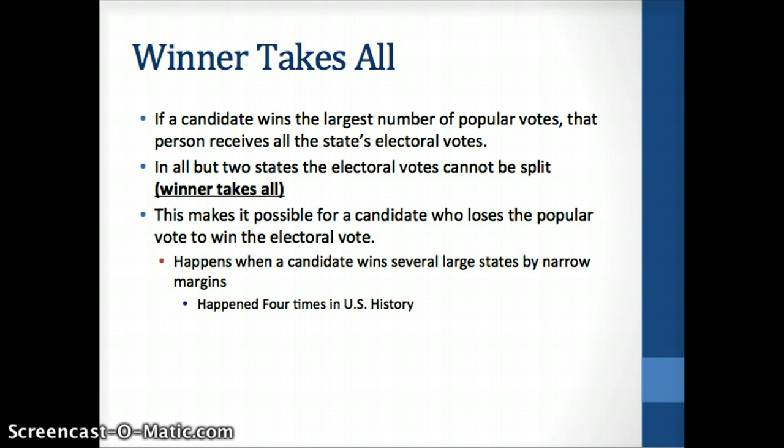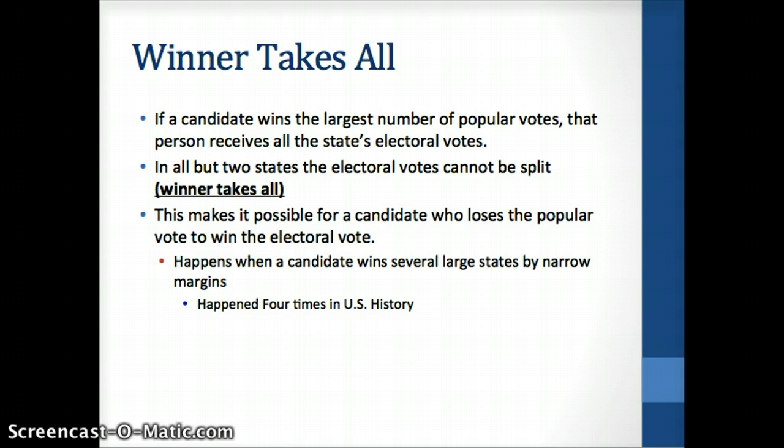So that means that even if 49% of the population voted for Barack Obama in Missouri in 2012, because 51% of the population voted for Mitt Romney, all 10 electoral votes go to Mitt Romney. It's not split up proportionally.